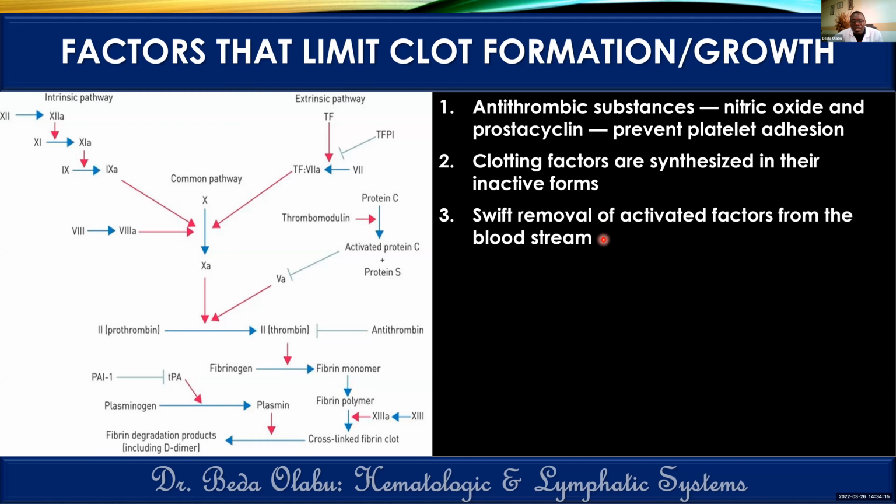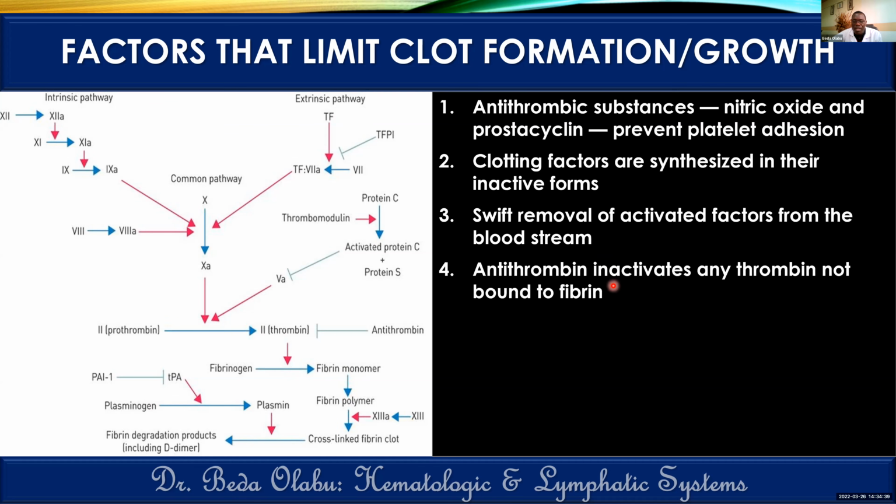The activated clotting factors which are in the general bloodstream, and you know they can leak, are usually removed very fast from the bloodstream because you don't want them in the general circulation. You just want them at the site of injury. So the ones that are in the general circulation are removed very fast. That's another mechanism. Now, there's also something called antithrombin.